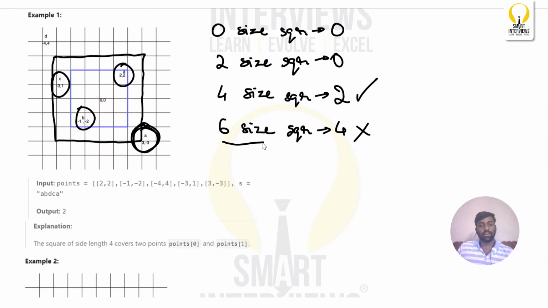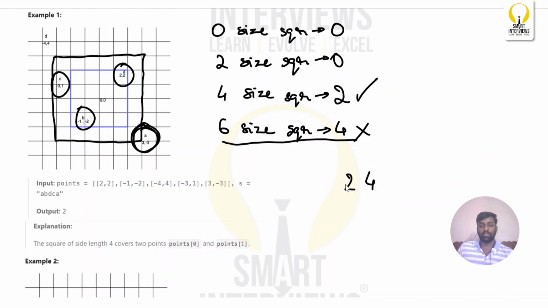Now if my case failed at the 6 sized square, can I say that I cannot find an 8 sized square, 10 sized square, 12 sized square, so on and so forth? Because the 6 sized square itself has 2 points with the same tag name. Then any square larger than that will also have the points with the same tag name. So it is something like we found a valid square at 4.